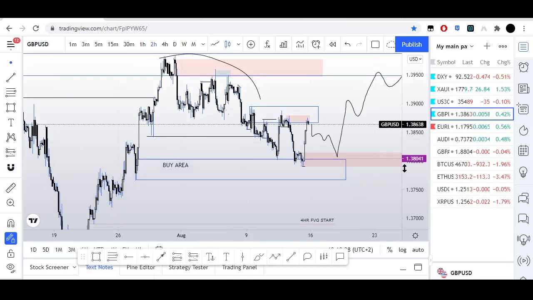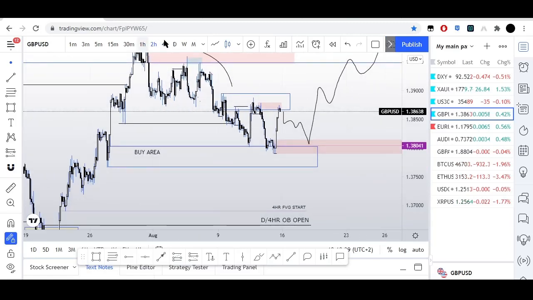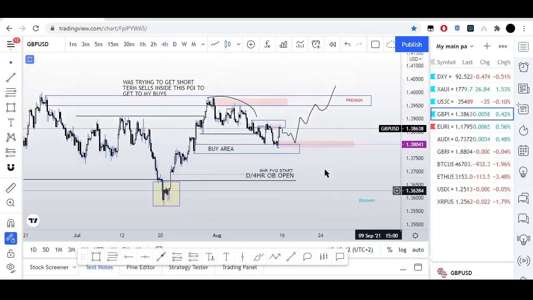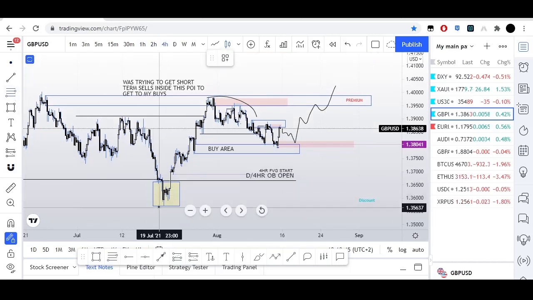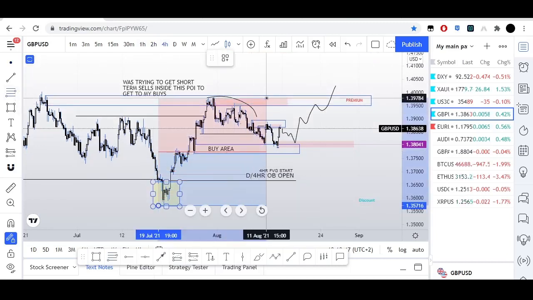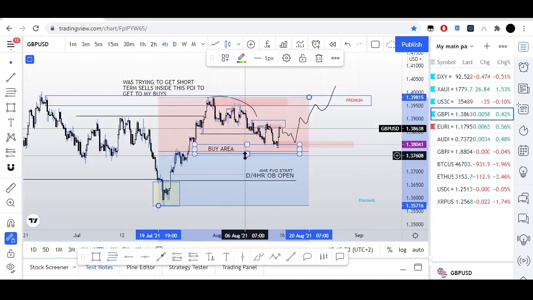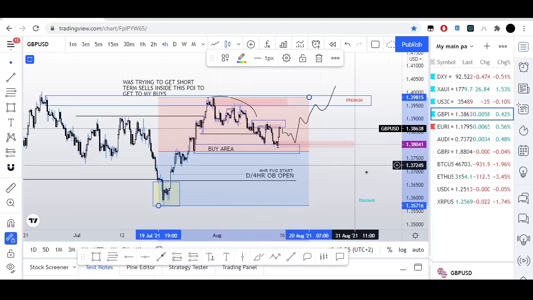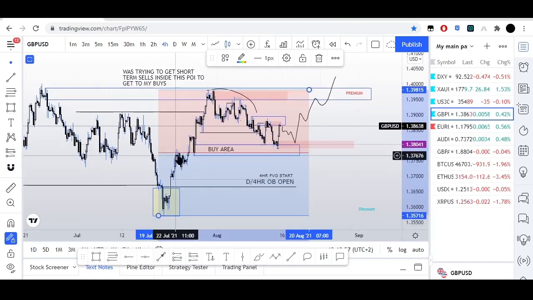So what I'm thinking is, since this is my buy area, if you think of premium and discount, let's draw our fib from this low, this swing, to this swing high. Right now, this isn't inside of a discount, but it's fairly close, and this was just a good area to buy at to me because of this short-term low right here that got ran out and used.